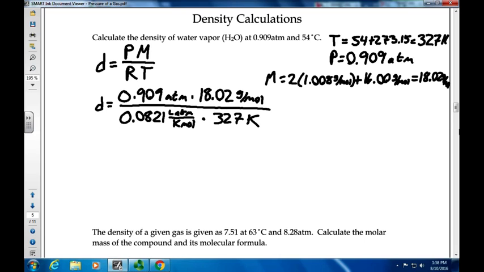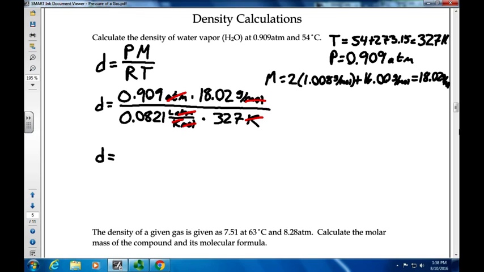Note that atmospheres and atmospheres cancel each other out, that moles and moles cancel each other out, and Kelvin cancel each other out. So we're left with grams per liter. And what is grams per liter? Well, that's a unit for density. So we know that we are on the right track.